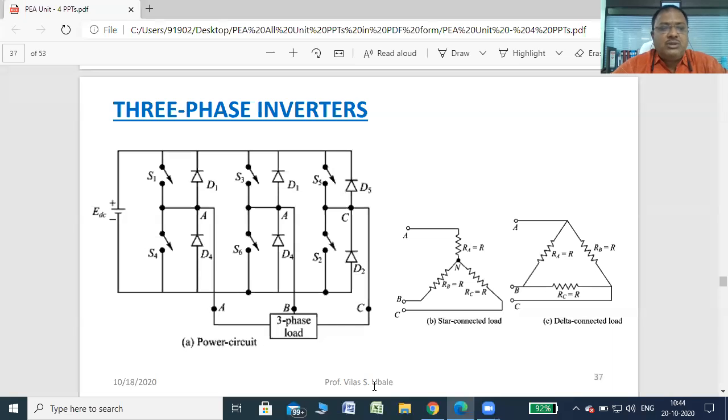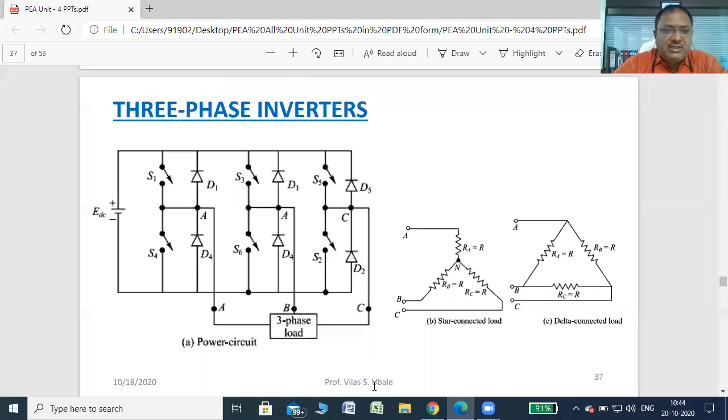So symbolically they are shown here as switches, but my dear students, these are power devices, right? When the switch is closed, we can say that the power device is turned on. If the switch is open, we consider that the power device is turned off. So keep in mind S1, S2, S3, S4, S5, and S6 are power devices.